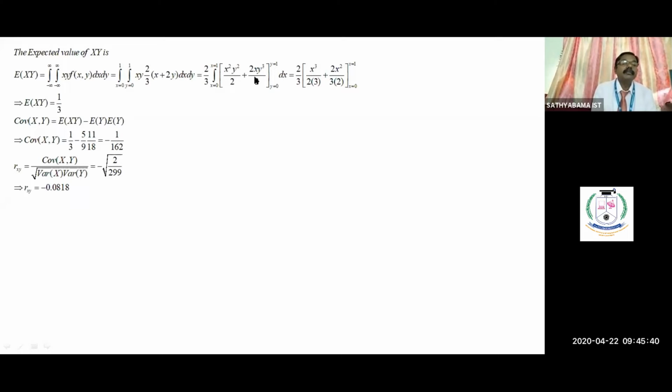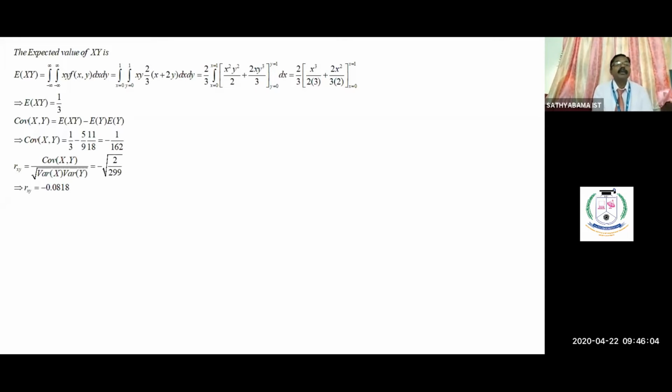When you are integrating the term, substitute the upper limit and lower limit. 2 by 3 is constant. Just substitute the limit for y. Y upper limit is 1. So y square is 1. 1 minus 0, 1.